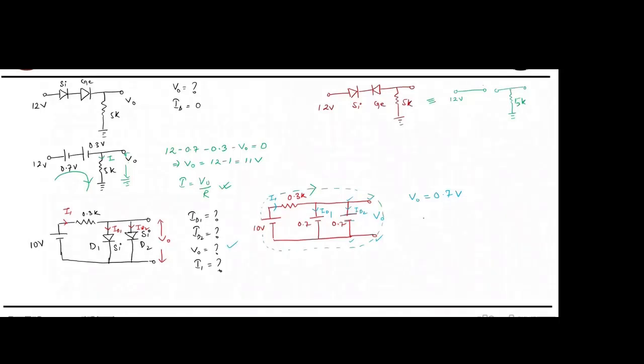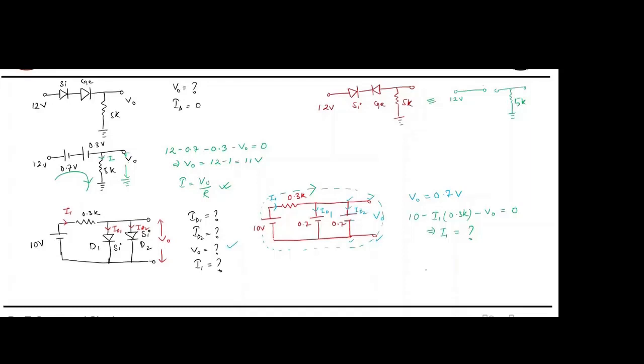Can someone tell me the KVL equation of this outer loop? 10 minus I1 times 0.3 K minus 0.7, that is V0, equals zero. So from here you can find out I1. Yes or no?